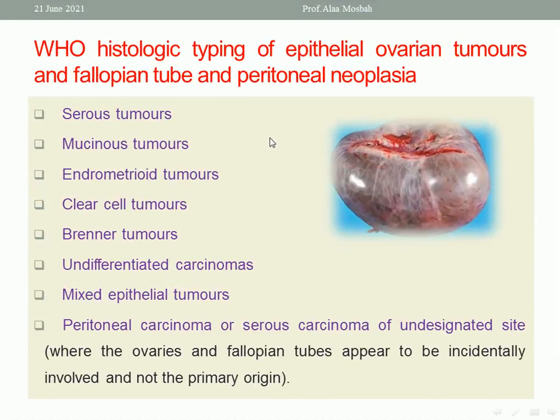So what about the WHO classification of the epithelial type? The epithelial type, as we said, is the commonest one, including serous tumor, mucinous tumor, endometrioid tumor, clear cell, Brenner, undifferentiated, mixed epithelial tumor, and lastly the peritoneal carcinoma or serous carcinoma of undesignated site, where the ovaries and the fallopian tubes appear to be incidentally involved and not the primary origin.